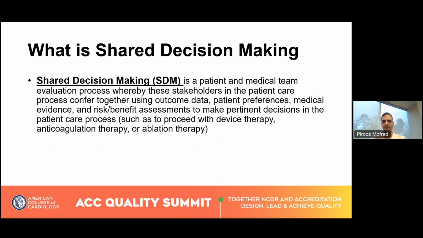Again, what that procedure may be, whether it's device therapy or ablation therapy, or even something as simple as medication therapy like anticoagulation for atrial fibrillation. So it somewhat envisions a more equitable role of discussion between the patient and the physician or physician extenders, such as nurse practitioners and nurses as well, or physician assistants.